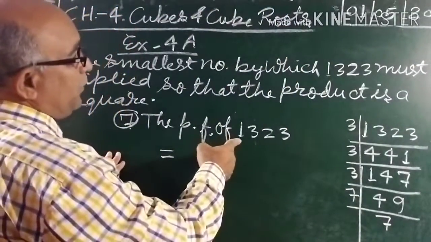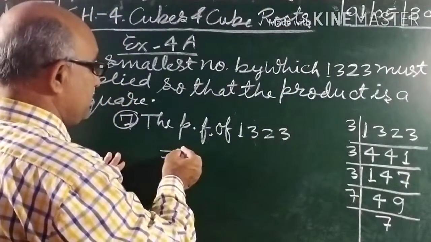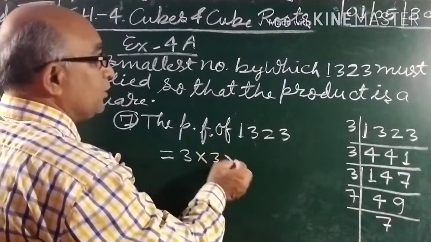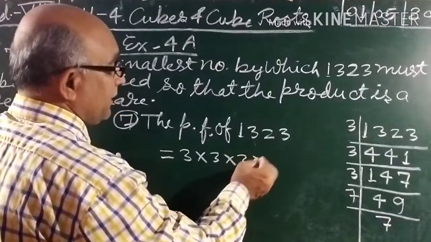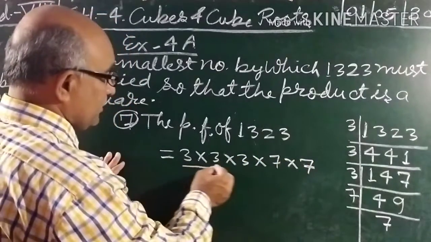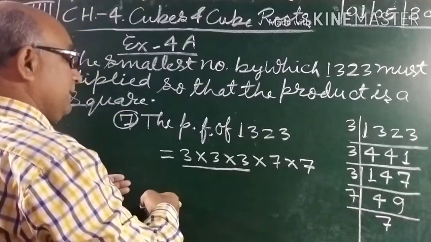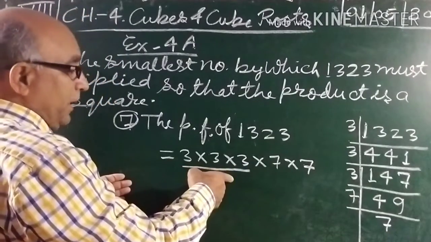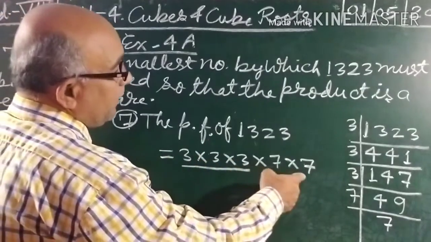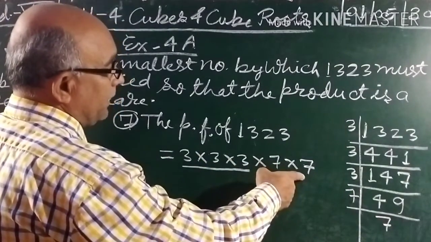So the prime factorization of 1323 is 3 into 3 into 3 into 7 into 7. So 3 into 3 into 3 is in the form of a triplet of the same factors. Now 7 into 7 is not a triplet.